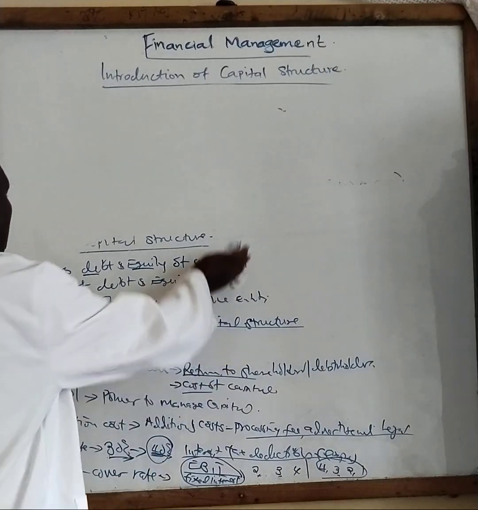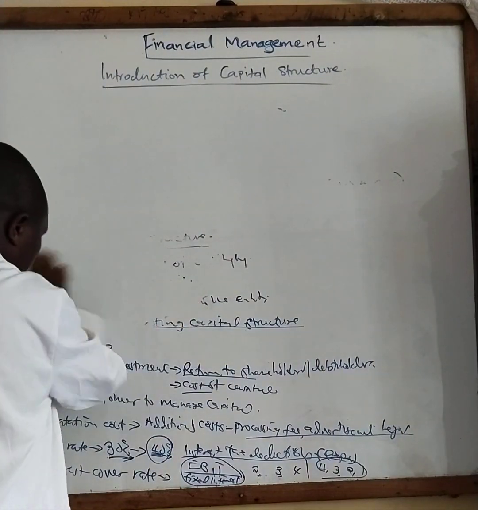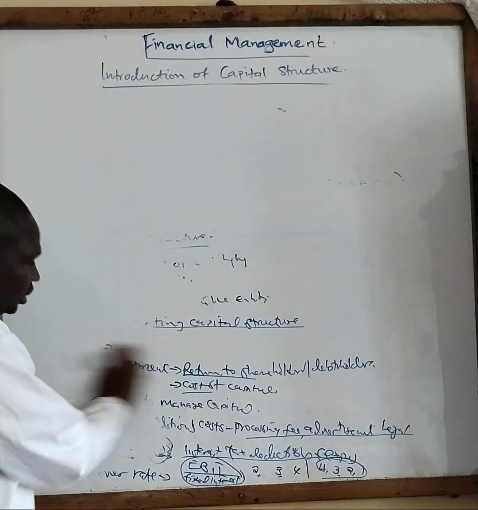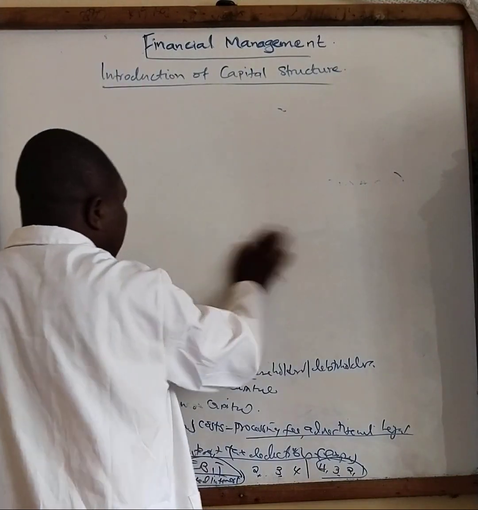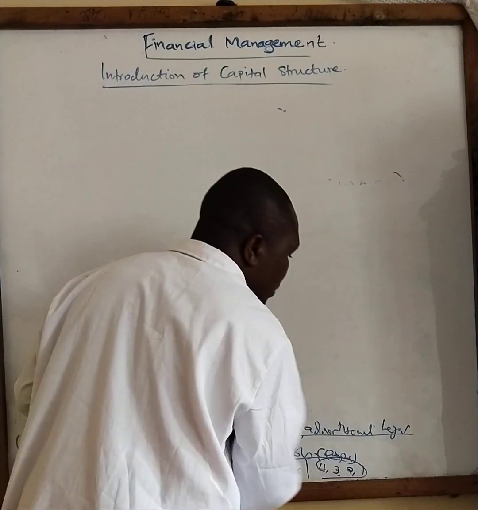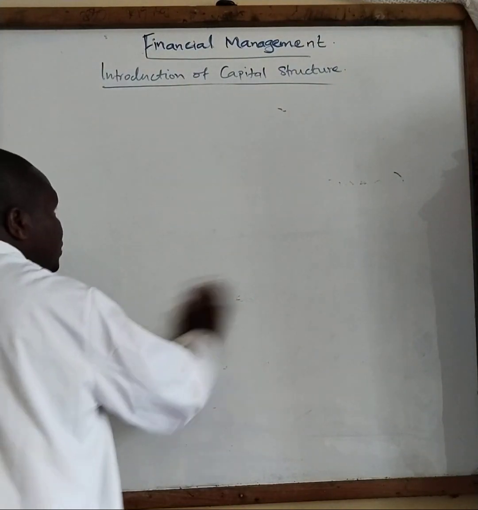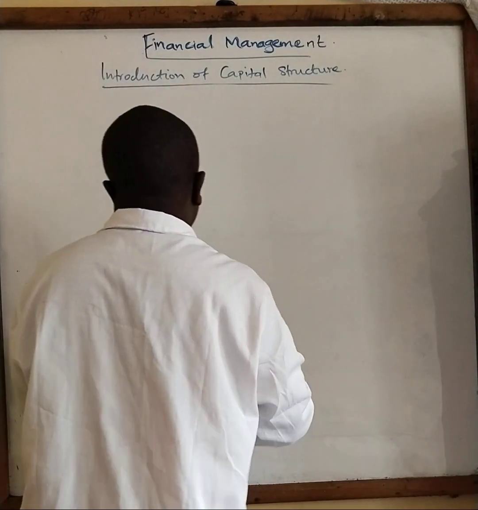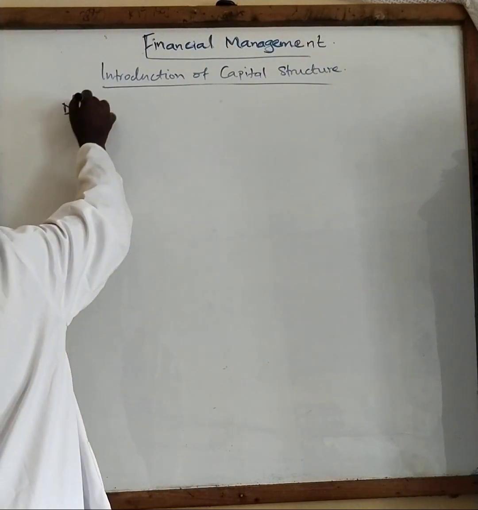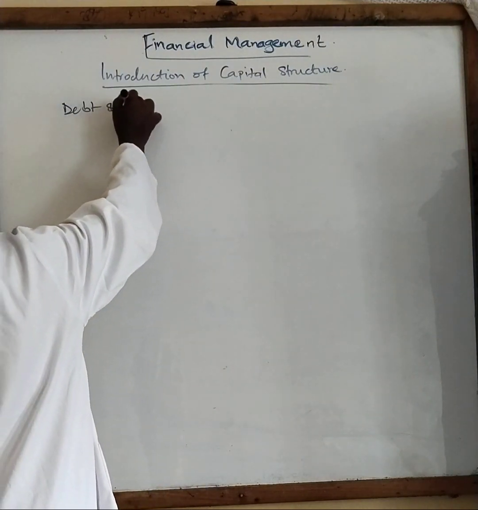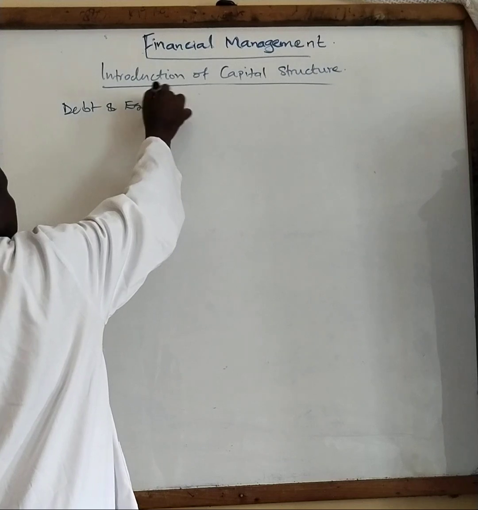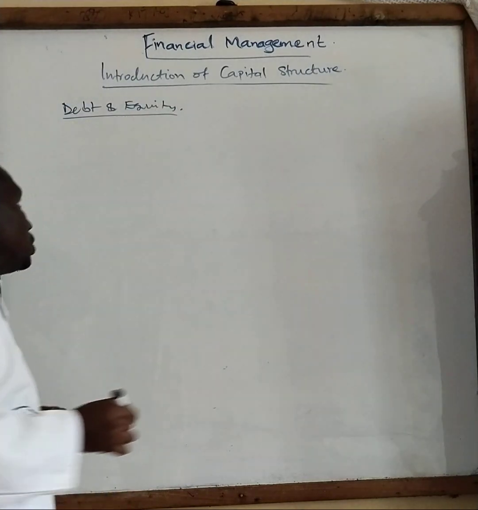So we go to what we call components. Before I go to the components, I want to discuss debt and equity first. I want to introduce this before we go to cost of capital.